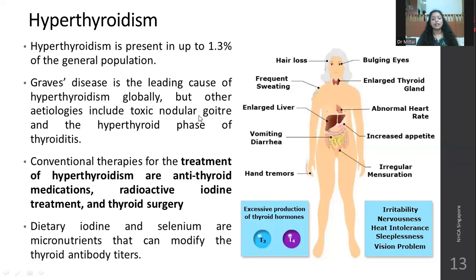Dietary iodine and selenium are micronutrients that can modify the thyroid antibody titers. These are the clinical aspects. As a nutritionist or dietitian, you're not supposed to prescribe any specific iodine and selenium supplement.